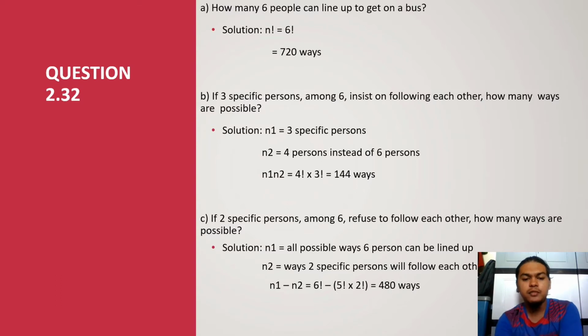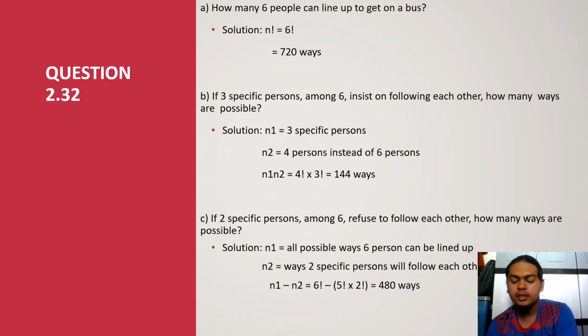Question C. If 2 specific persons among 6 refuse to follow each other, how many ways are possible? For the solution, we find the ways in which 2 specific persons refuse to follow each other, which is all possible ways 6 people can be lined up minus the ways 2 specific persons will follow each other. 6 factorial is all possible ways, and 5 factorial multiplied by 2 factorial are the ways 2 specific persons will follow each other.